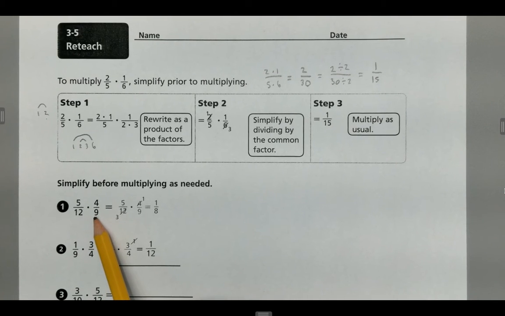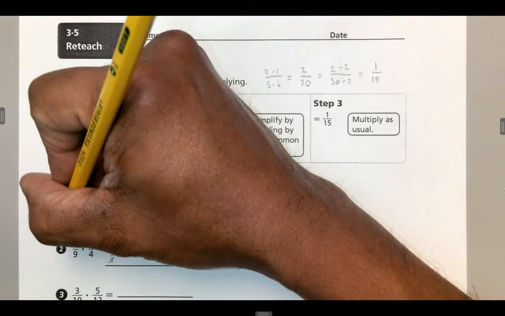Numerator 5, denominator 9. No common factors there. 5, you've got the 1 and the 5. 9, you've got the 1, 3, and 9. The only thing they share is a 1. 12 versus 4. Now there's a common factor here. What's the greatest common factor that 12 and 4 share? Well, if you're not sure, write out your factor rainbow.